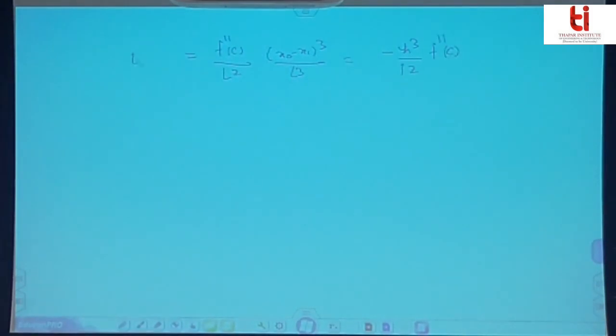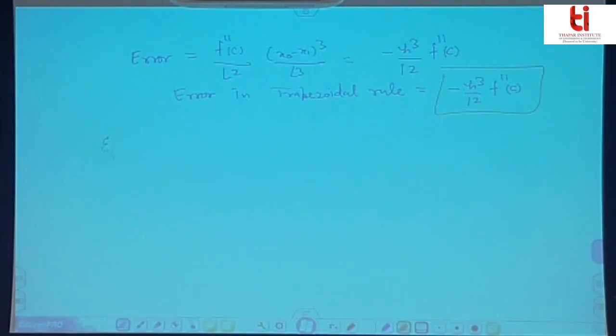So this is the error in the trapezoidal rule: minus h cube over 12 f double dash c. So this is the formula.